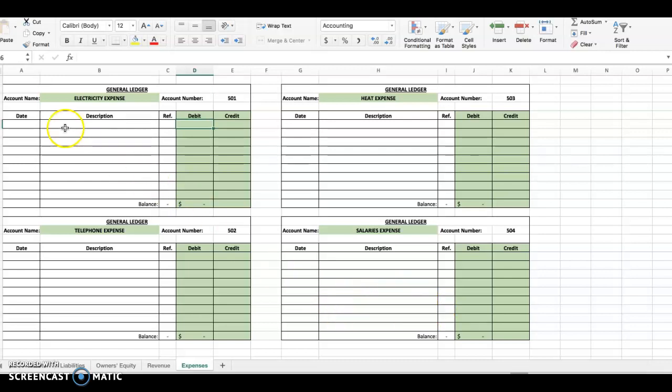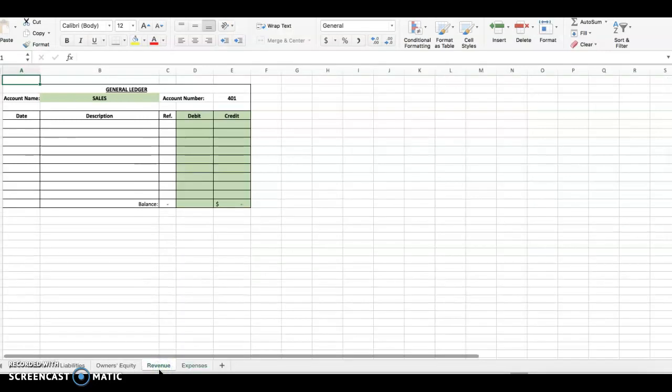So this is what the accounts look like in the ledger. In this business, there are just 4 expense accounts. There could be many more. There's just one revenue account. There could be more than one revenue. There may be more than one way that this company makes money. So the business may have more than one revenue account. But this has just one called sales.